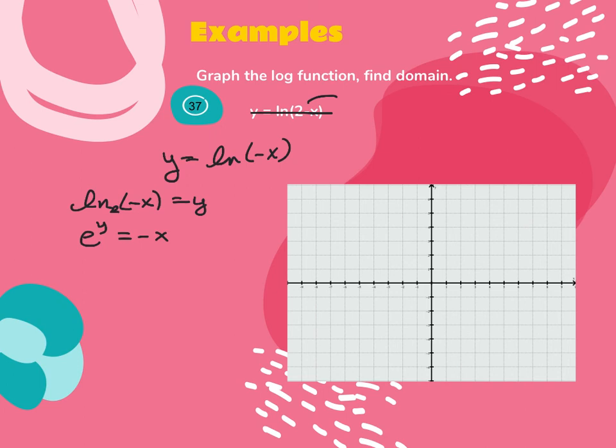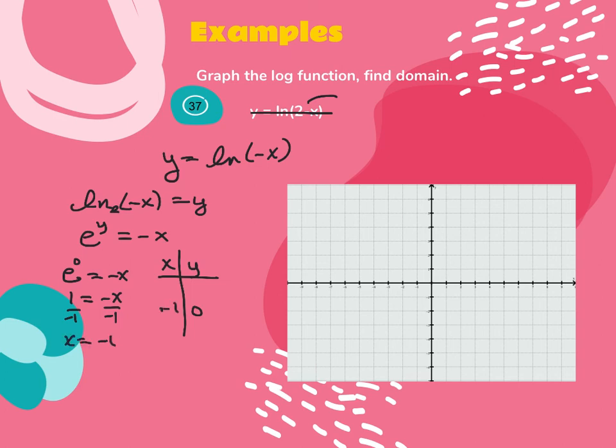So again, let's do our little t-chart here. And first we could plug in 0 for y. e to the 0 equals negative x. e to the 0 is 1, equals negative x. Divide by negative 1. So x equals negative 1.